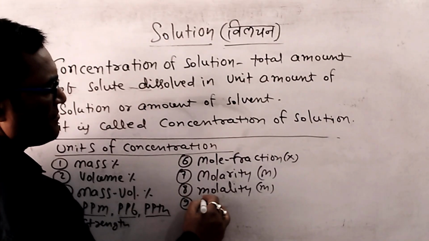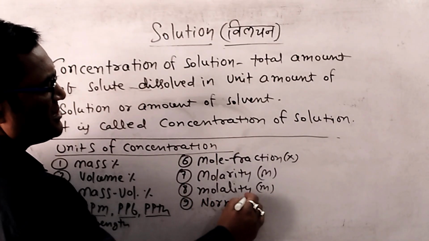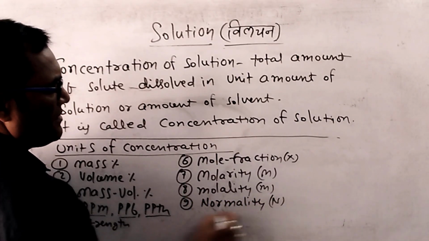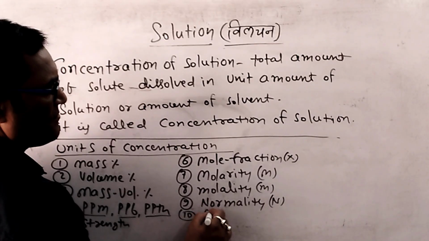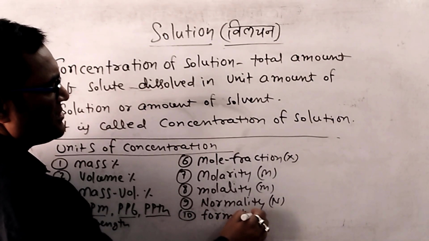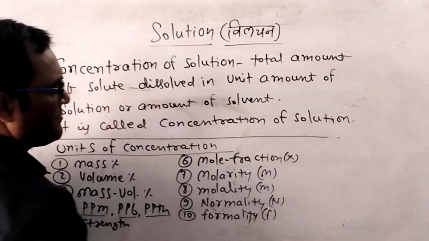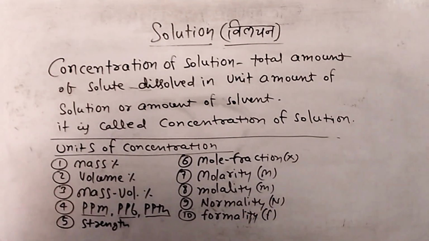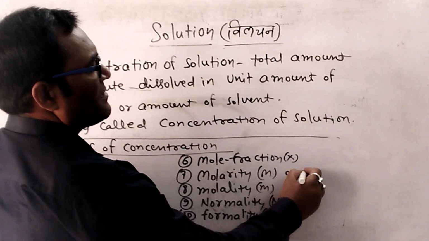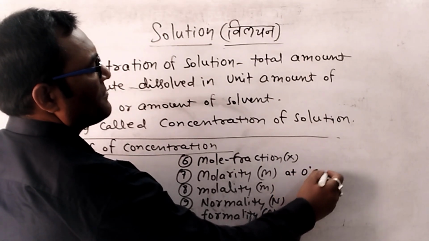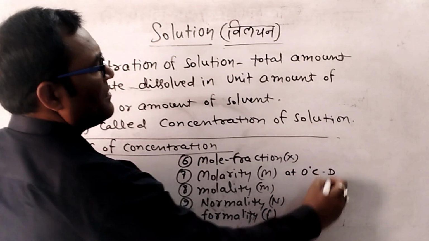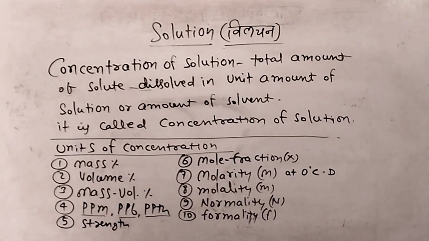The ninth unit is normality, capital N. The tenth unit is formality, small f. And molarity at 0 degrees C is called D, denoted by D. So you can take a screenshot. These are the units of concentration. One by one we will discuss them in this lecture.